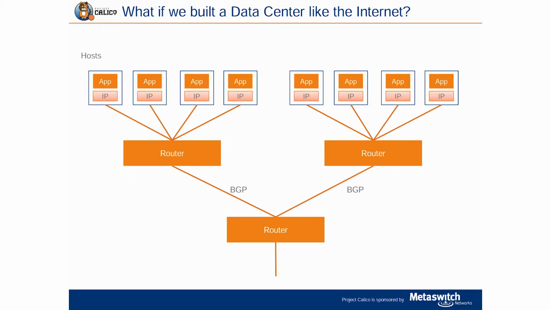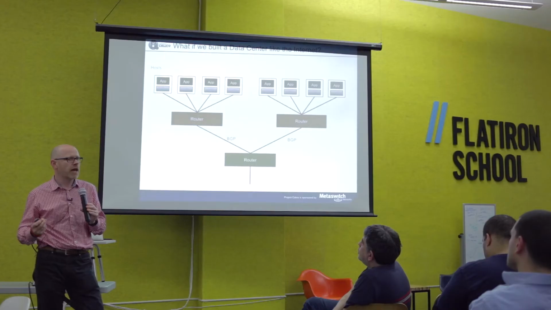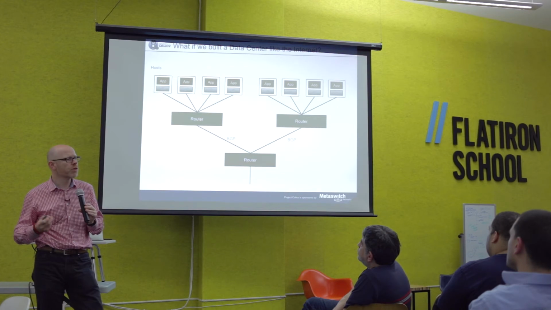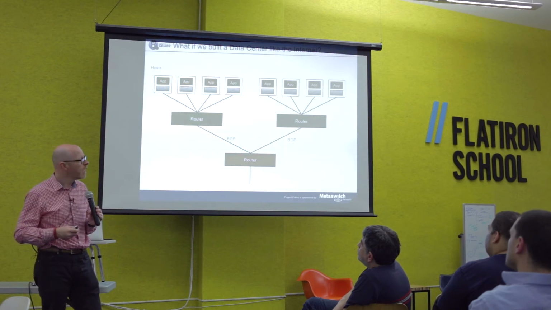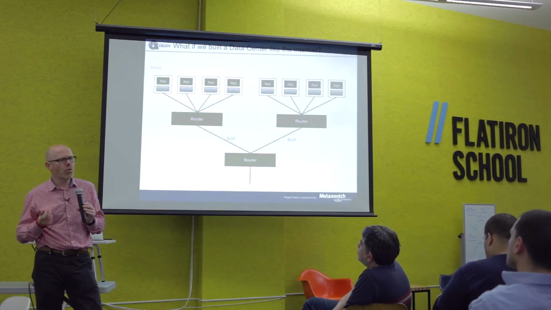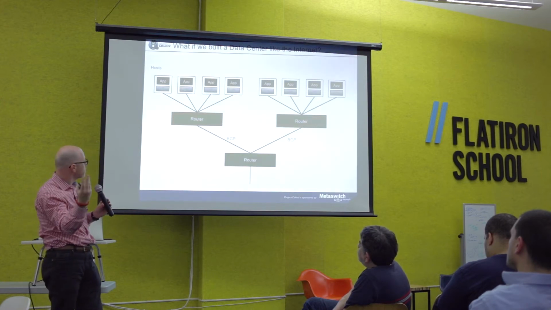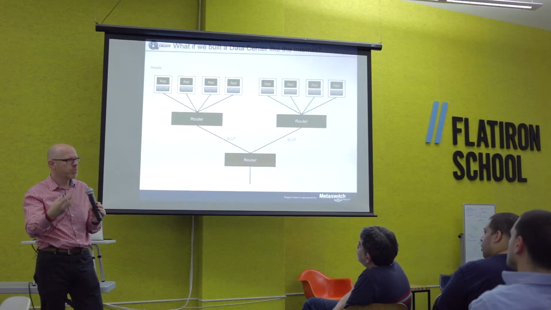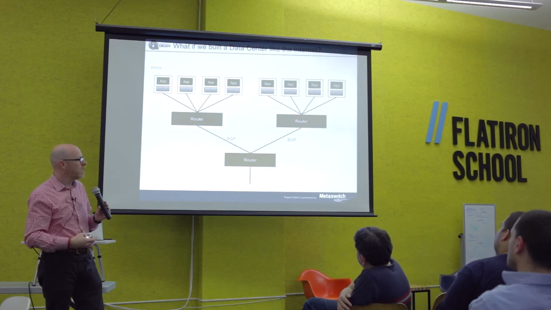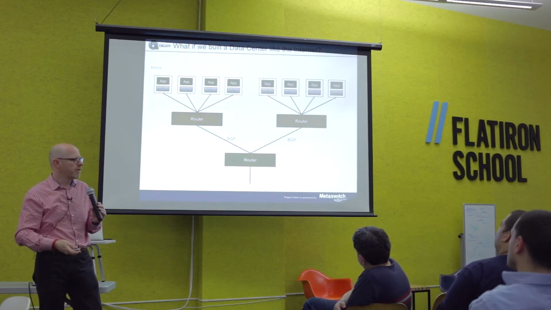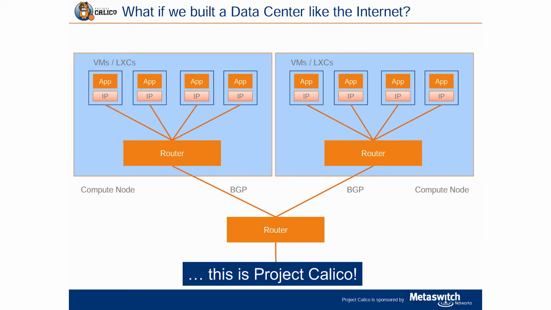So we took a step back and said, if you think about these requirements, we've built a network before which implements them, and it's called the public internet. It scales pretty well to more than a few million endpoints last time we checked, and let's just apply these same principles. So, in very simplistic terms, this is how the internet is built. You have a bunch of endpoints talking IP to routers which communicate via BGP.